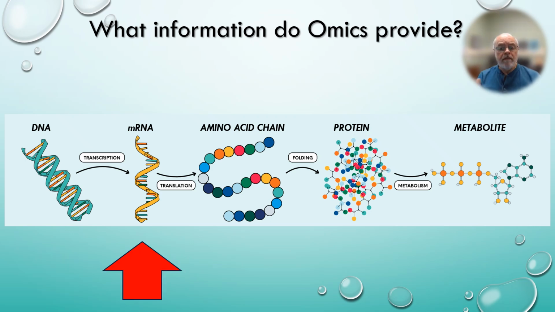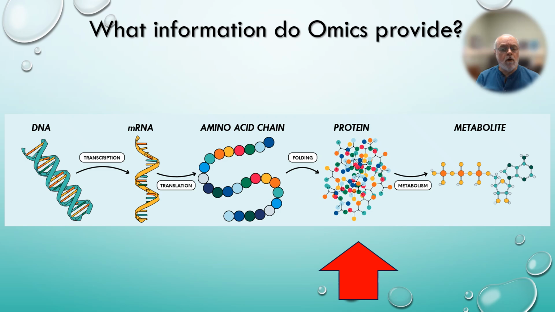If we go down this gene expression pathway, we next reach the messenger RNA or the transcriptome, which is the pool of messenger RNA that reflects how the organism is expressing the genes coded in the DNA. So if you look at this, you might see more messenger RNA for, let's say, immune function genes than you normally expect. And you could interpret that as maybe the fish was being challenged by a pathogen.